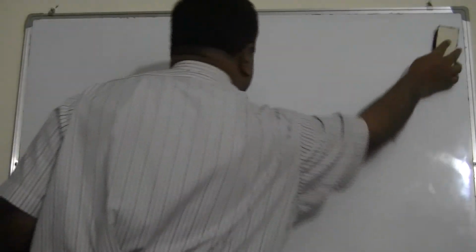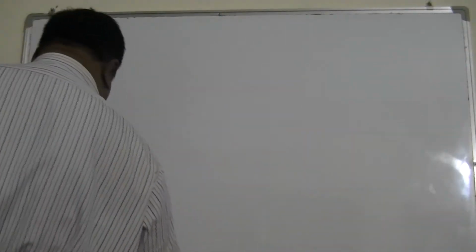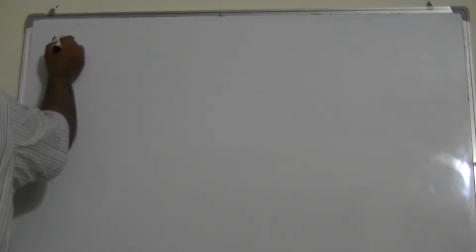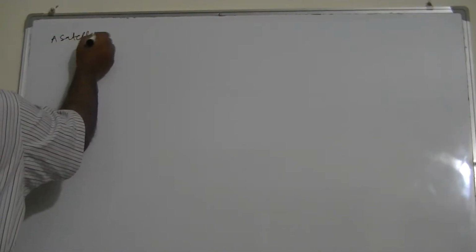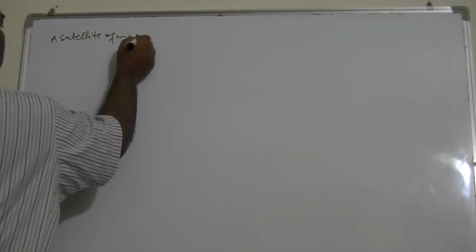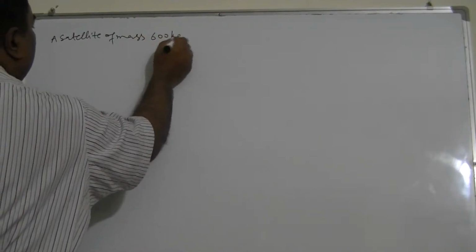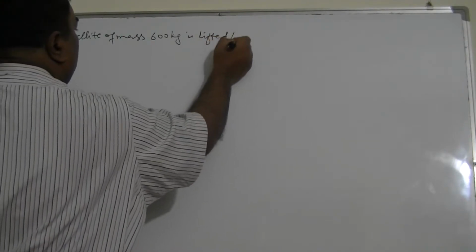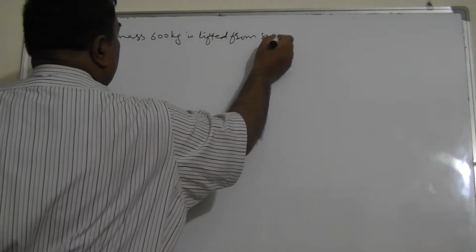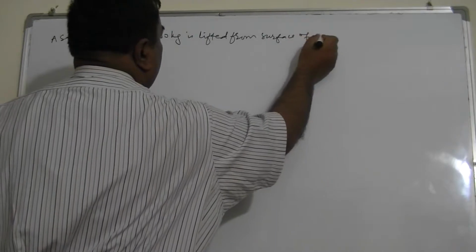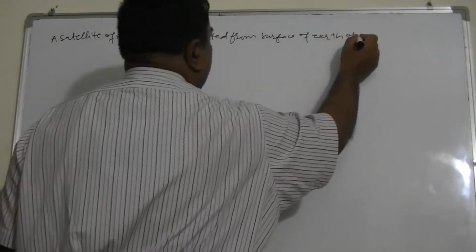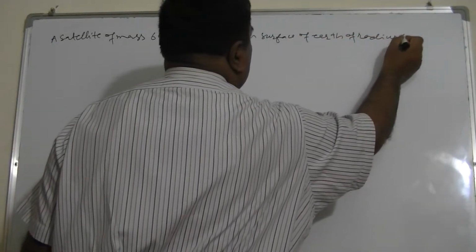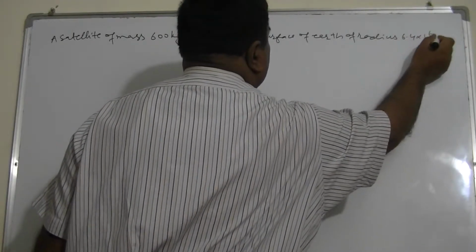I can write one question, which is a very good question, to cover circular motion, and it will also tell us how the work energy equation is used. A satellite of mass 600 kg is lifted from the surface of the Earth of radius 6.4 into 10 power 6 meter.